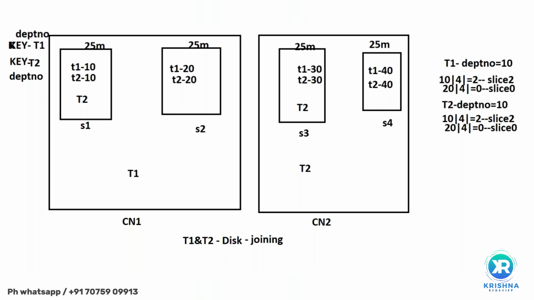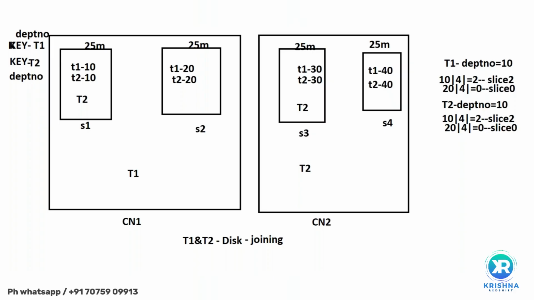Yes, sir. Prasad, yes? Clear, sir. Yeah, so if both the tables are distributed based on key, that is always best, and that key column should be the joining column, meaning they will have matching values.